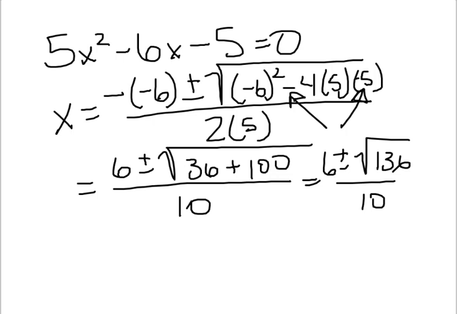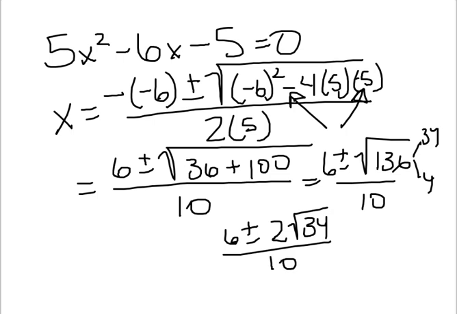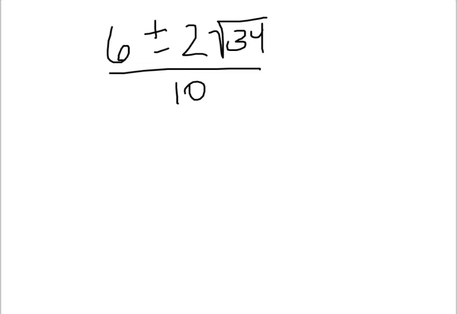136 simplifies into 4 times 34, and 34 does not contain a perfect square, so I get 6 plus or minus 2 radical 34 over 10. Again, I want to take a look at this. 6 plus or minus 2 radical 34 over 10.